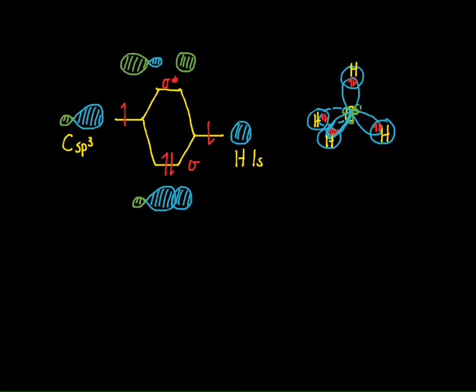Now, one thing to denote is that energy difference between the atomic orbitals, the 1s orbital and the sp3 orbital, combining to give the molecular orbital, that sigma bond, that energy difference is quite different, right?